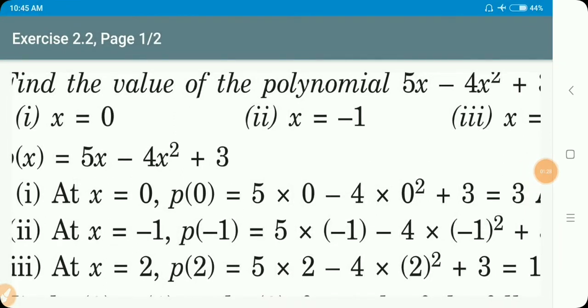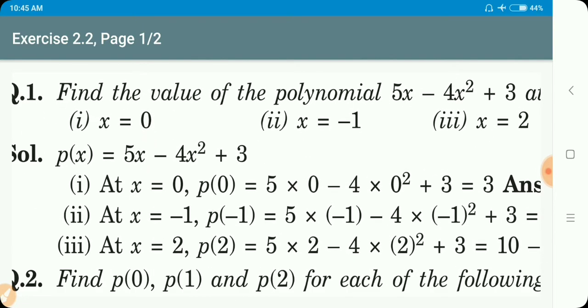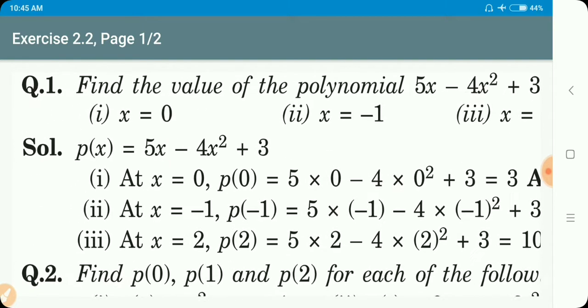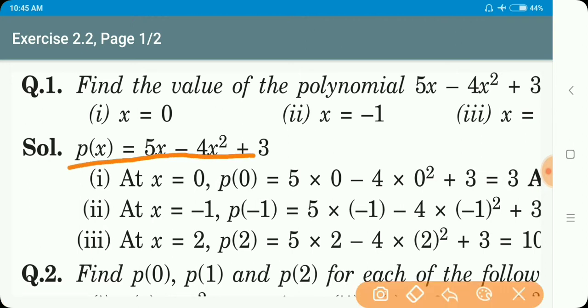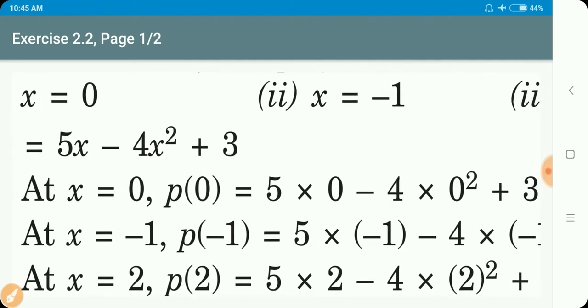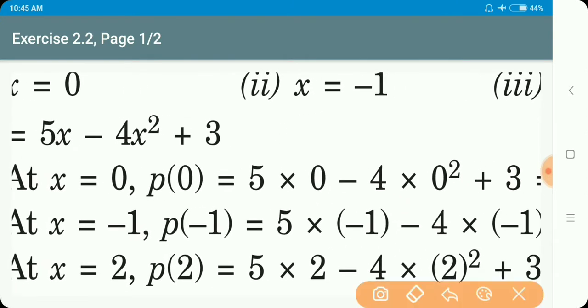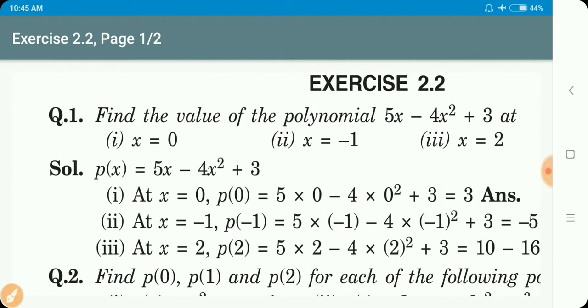Suppose the given polynomial is p(x), so p(x) is equal to this, and here at the place of x I'm going to put 0, so 5x means 5 into 0, 4x square, 4 into 0 square, like this.